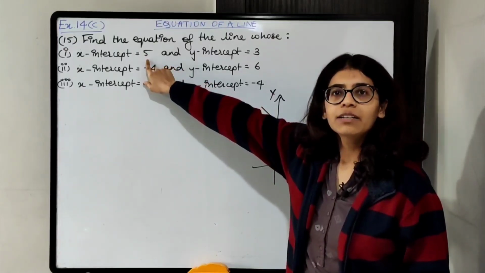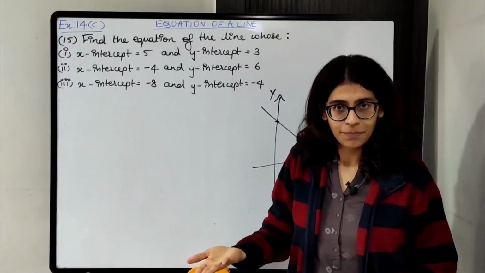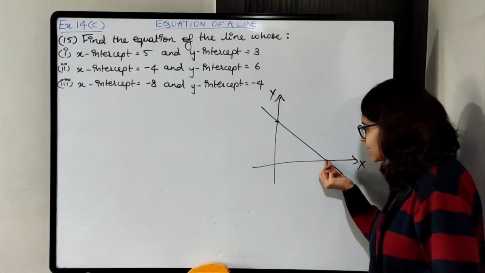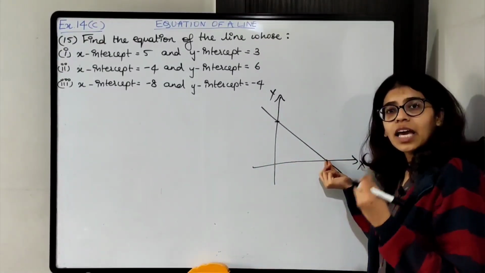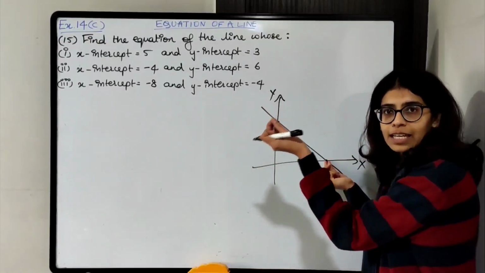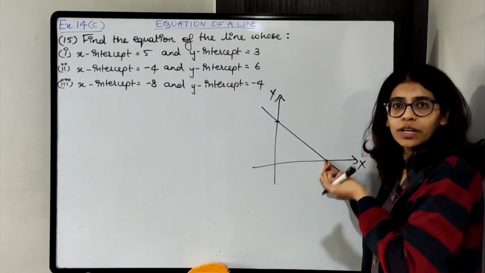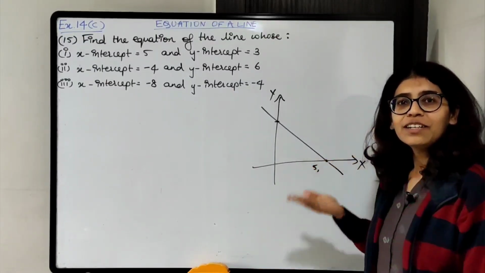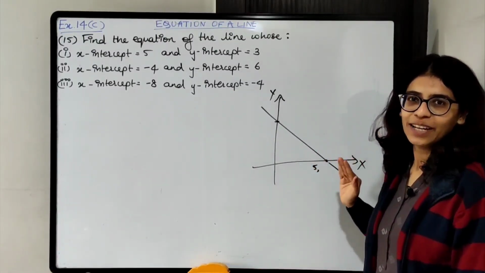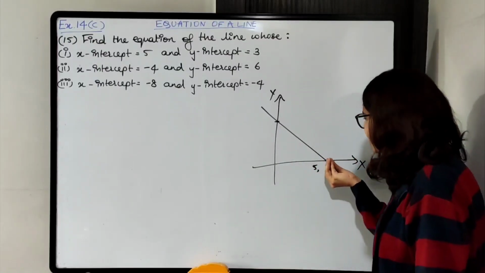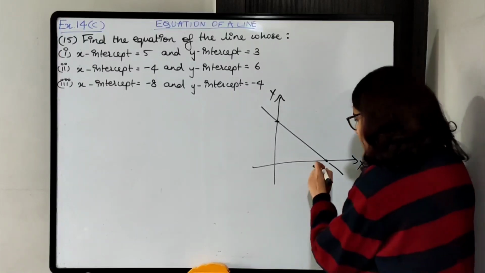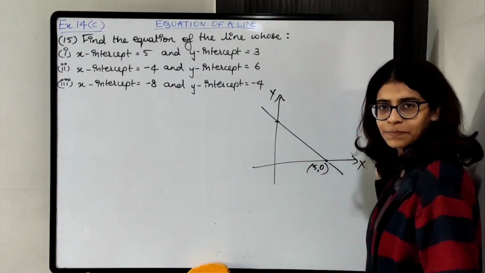X-intercept is nothing but the x coordinate. So it is cutting x-axis over here. X coordinate is 5. What will be the y coordinate for this point? It will be 0 because this point is lying on x-axis.